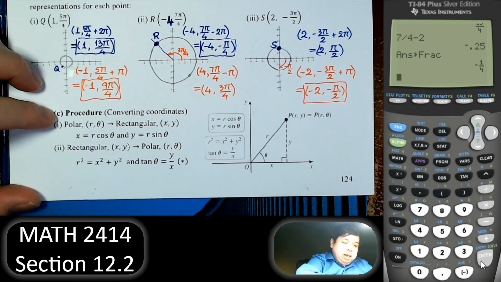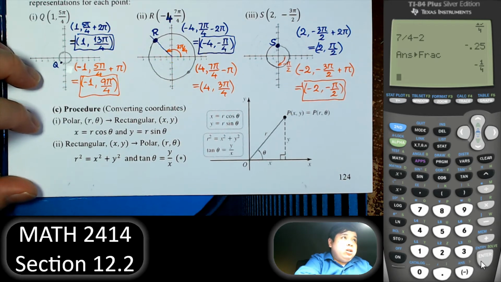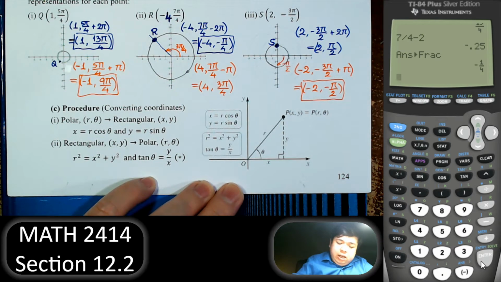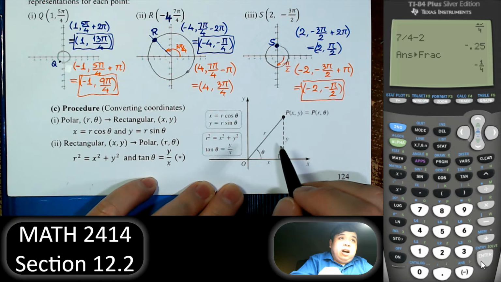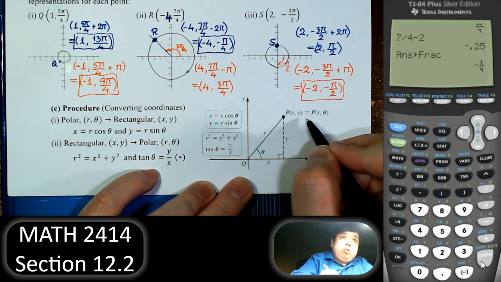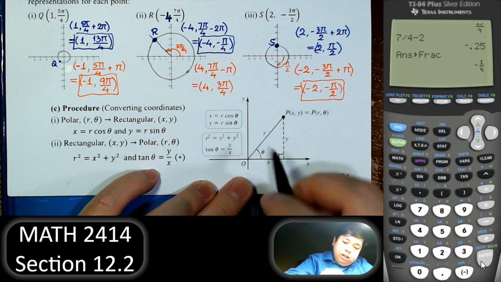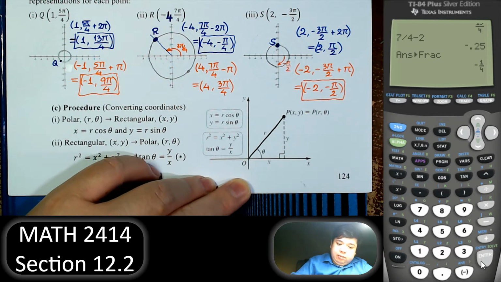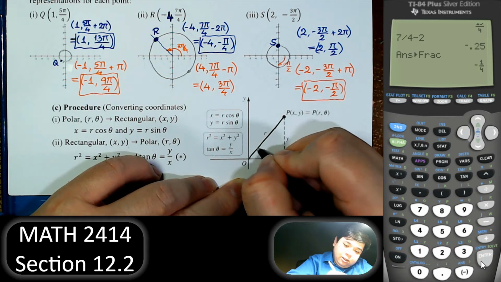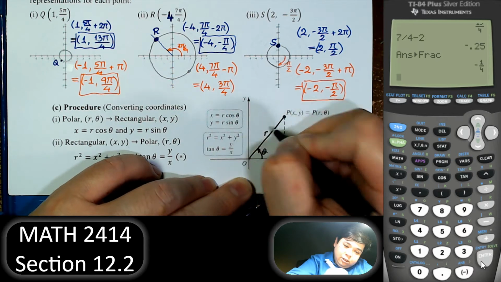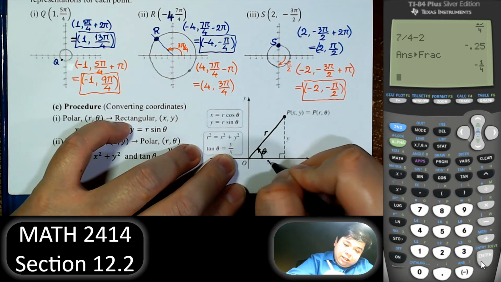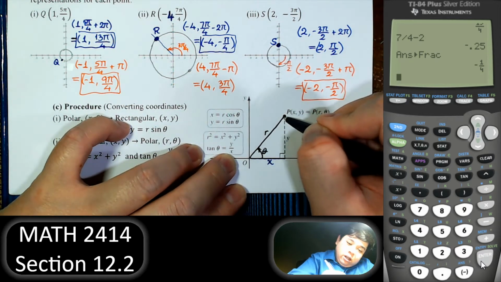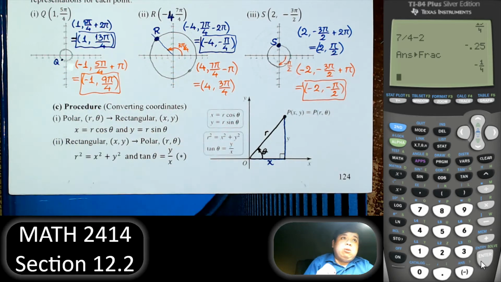Right, next. Converting between rectangular and polar coordinates. Definitely we have to know this. So if we have the point x and y, and also if we write it in polar coordinates r and theta, then we have x as the distance to the y-axis, and y is the distance to the x-axis from the point.